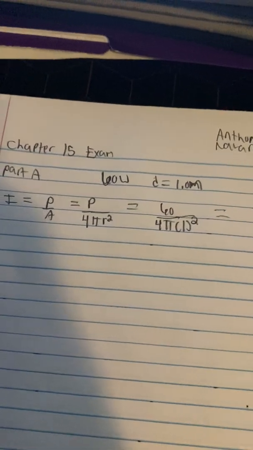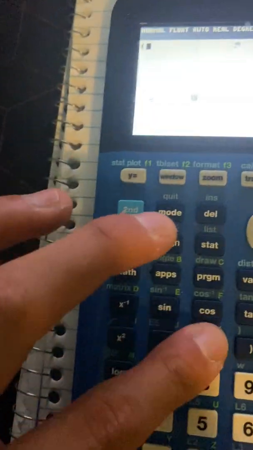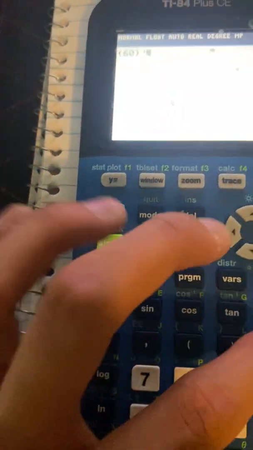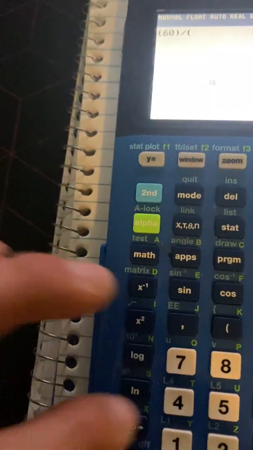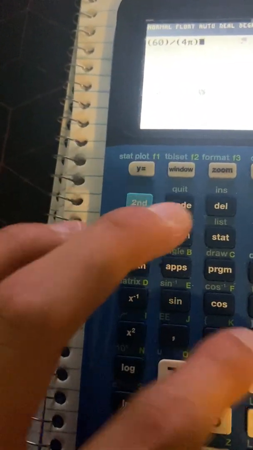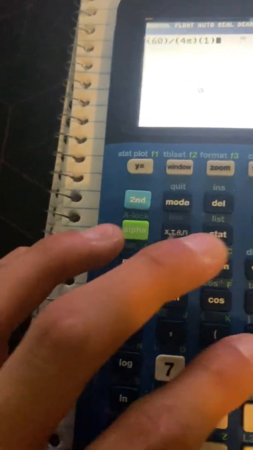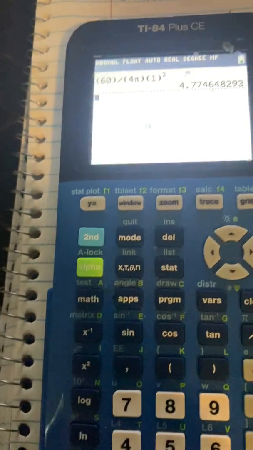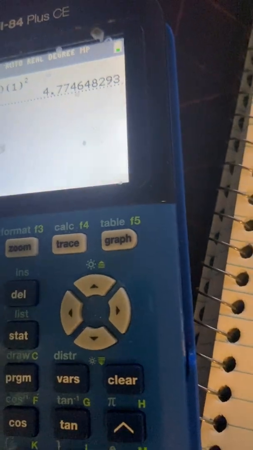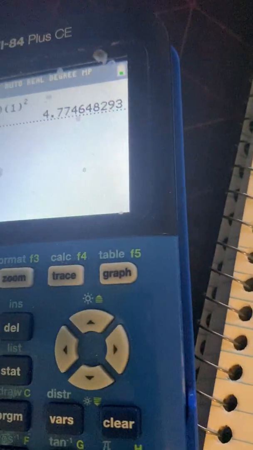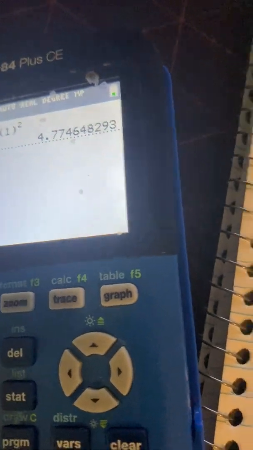With the calculator, 60 divided by 4 pi times 1 squared is equal to 4.77, which we round to 4.8, so I equals 4.8 watts per meter squared.